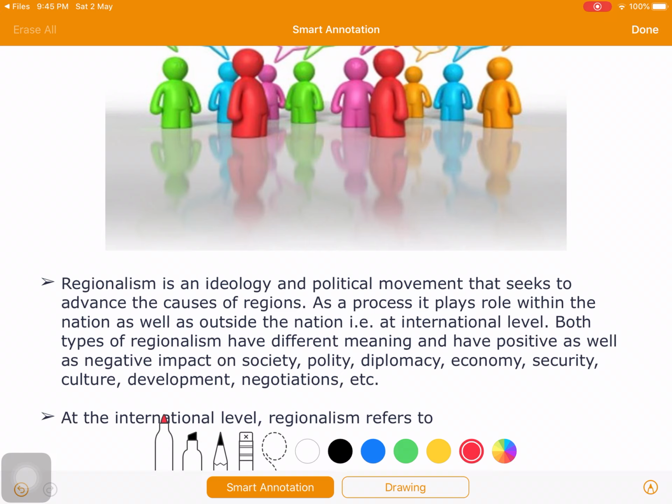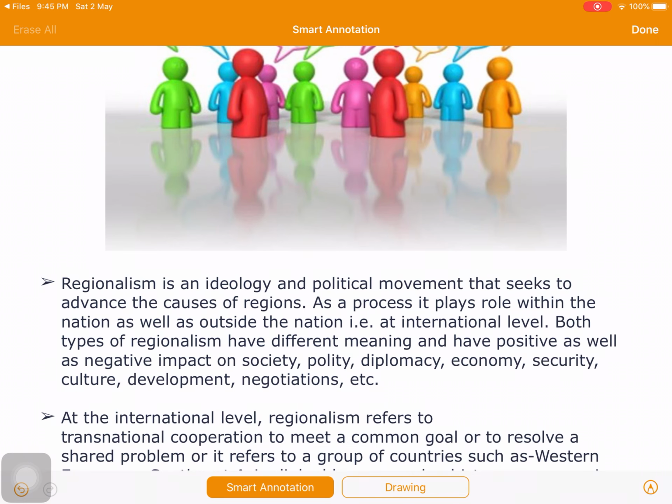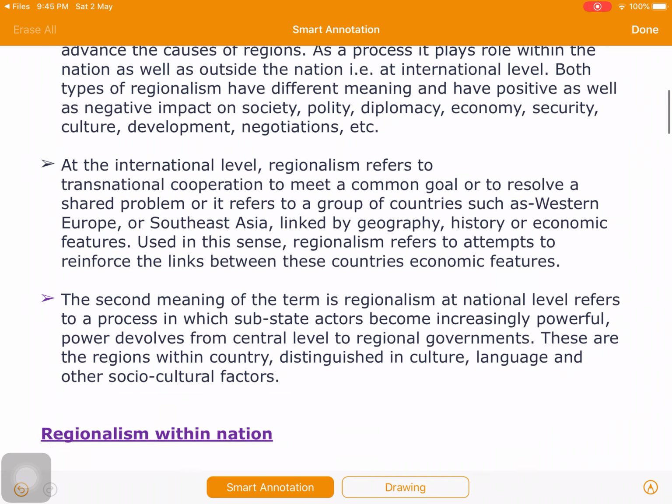And at the international level, regionalism refers to transnational cooperation to meet a common goal. This is the point for your mains which we need to highlight.